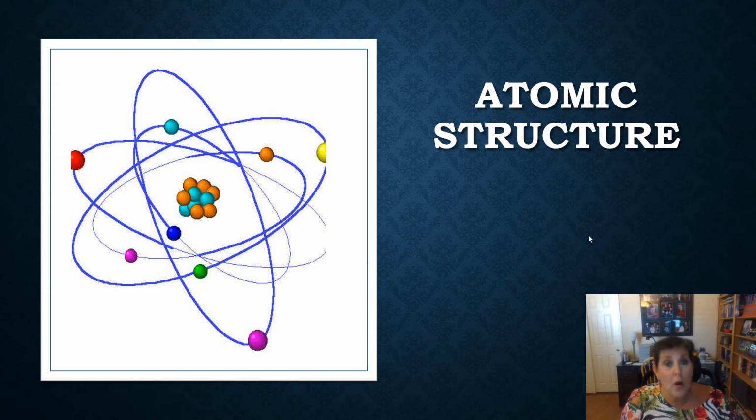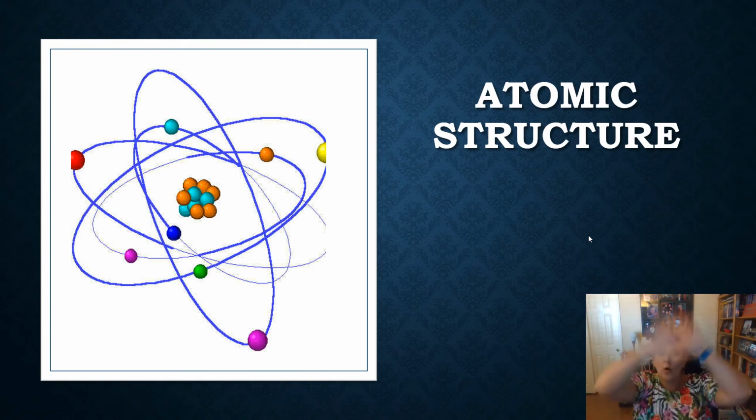Electrons are actually almost 2,000 times smaller than protons and neutrons. So technically in this picture, we shouldn't even see the electrons. So proton, neutron, tiny electron. Electrons are tiny and have almost no mass. But protons and neutrons are in the nucleus, and electrons go around the outside of the atom.